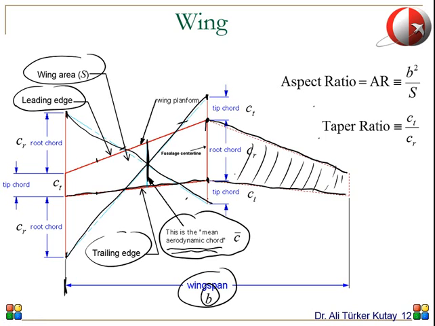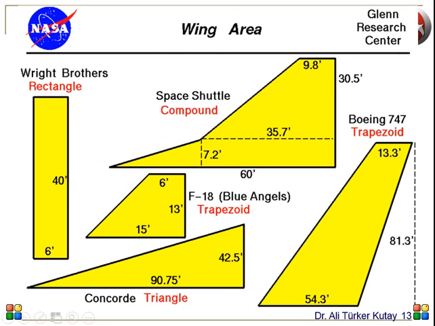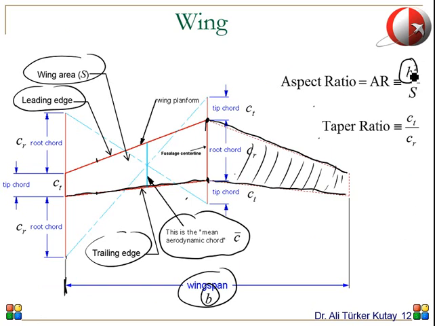Okay, and then we use these numbers to differentiate wings, different wing designs. A very important parameter that I will be talking more about in the future is the aspect ratio. This is abbreviated as AR, and it is the ratio of two things, the ratio of b squared to S. Remember, b is the wingspan, which is a distance.